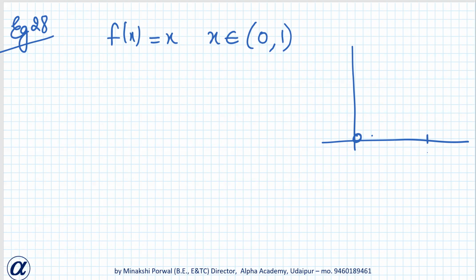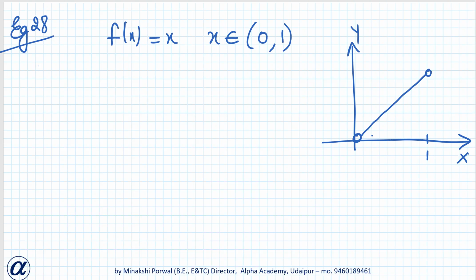Suppose 1 is this point, this is also not included. Before and between them the graph is this way. Now we are asked to find the maximum and the minimum value. In this case the function will have neither maximum value nor minimum value in the interval (0, 1).